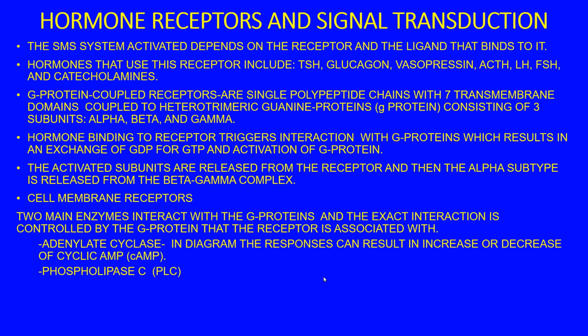Now, G alpha I inhibits adenylate cyclase, which means that you're going to have a decrease in cyclic AMP. G alpha 12 activates Rho guanine nucleotide exchange factors, which basically go right into and act on genetic expression. G alpha Q activates phospholipase C, which we'll get into in a second.